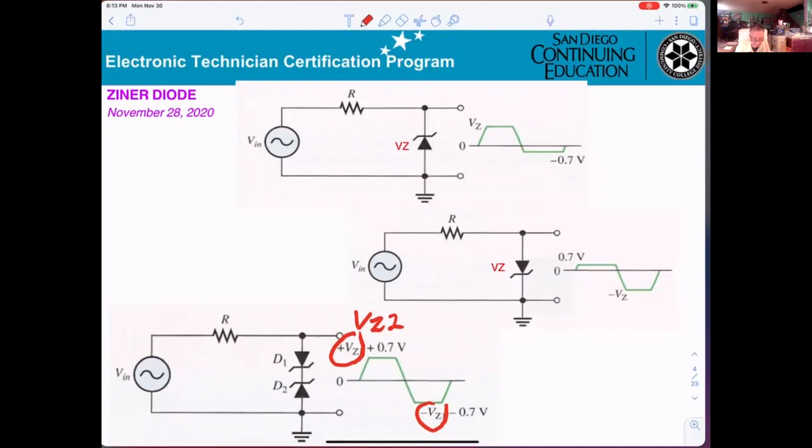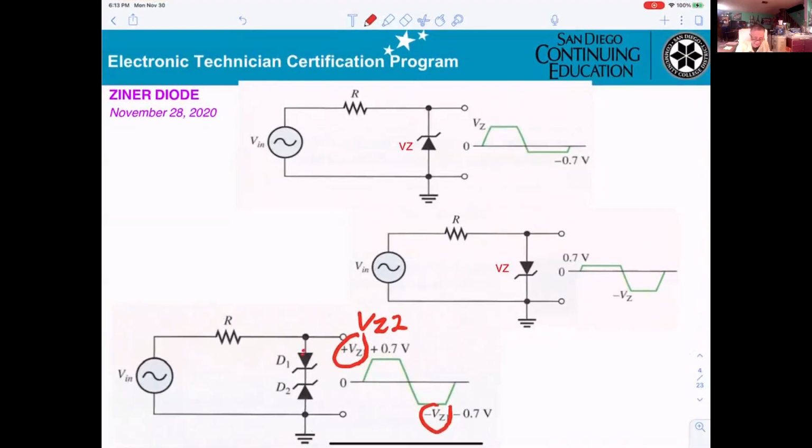Well, you can say this is the anode here, and this side will be the cathode. We're talking about positive here. If the positive here is higher than VG1, then D1 will break down.